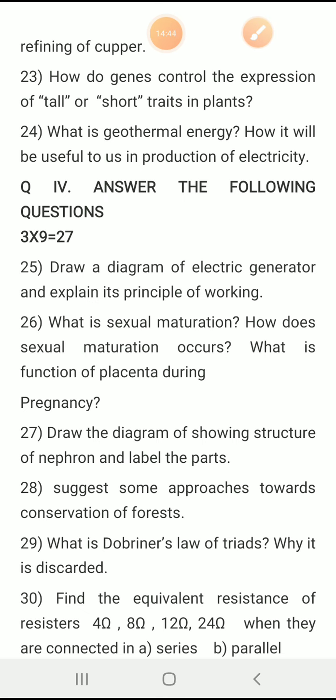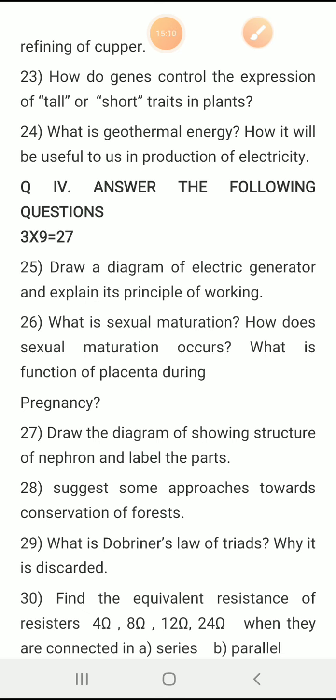So what the Dobereiner's law of triads says: according to this law, in certain triads group of three elements, the atomic mass of the central element was the arithmetic mean of the atomic mass of the other two elements. Isn't it? This we have discussed in the classes.